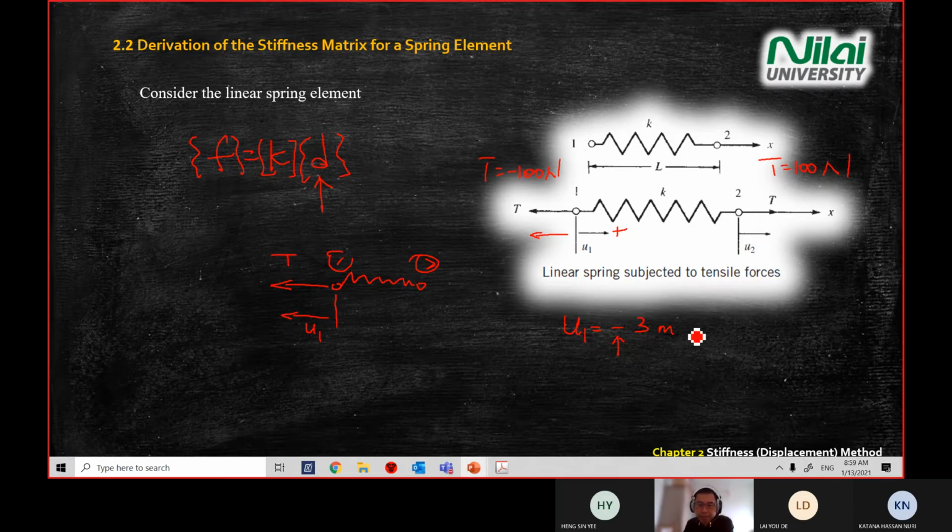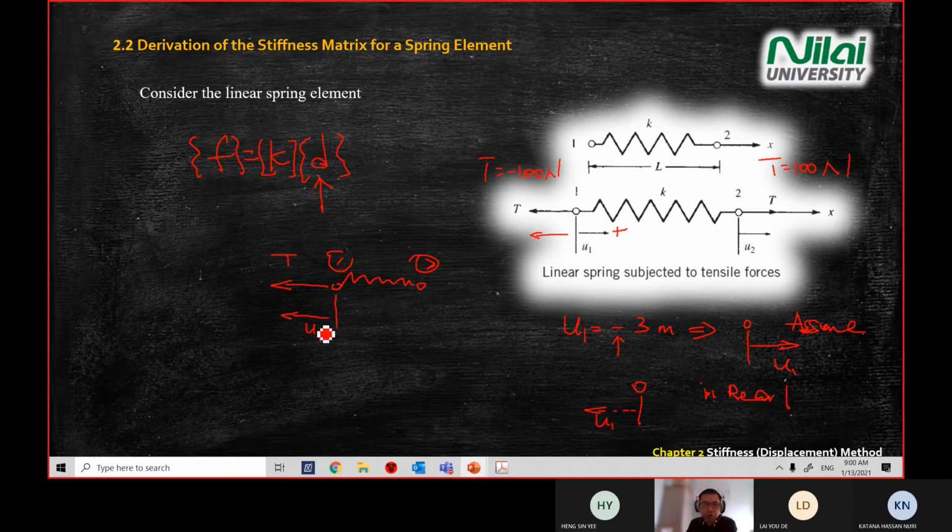This answer means that this is the initial assumption. Before you do analysis, you assume that U1 will go in this direction. But when you do the analysis and get a negative, it means that in real life, your point 2 is moving in this direction.